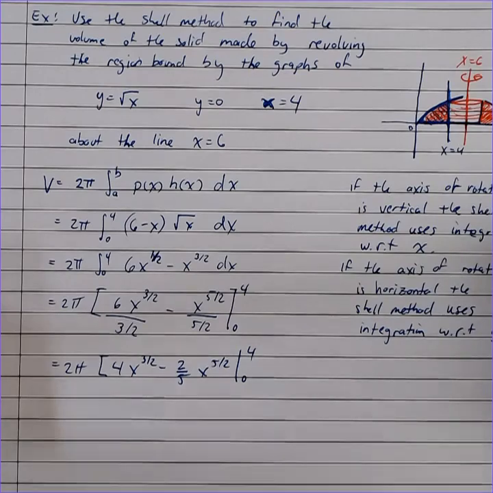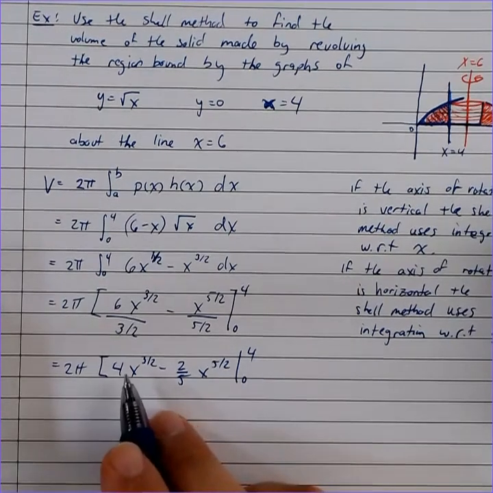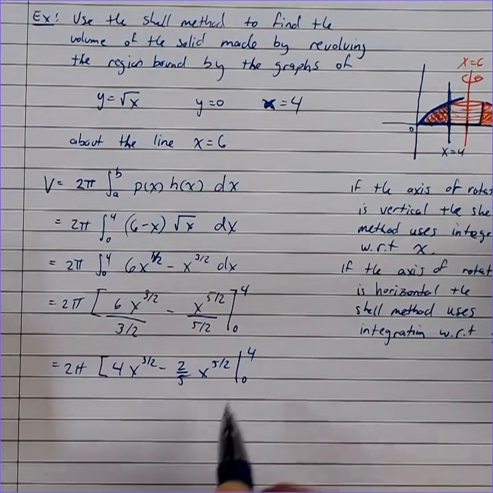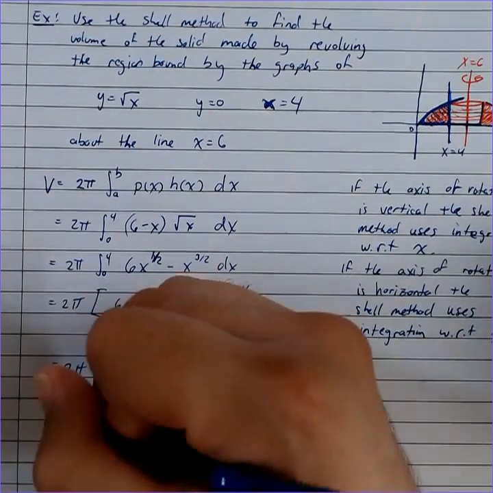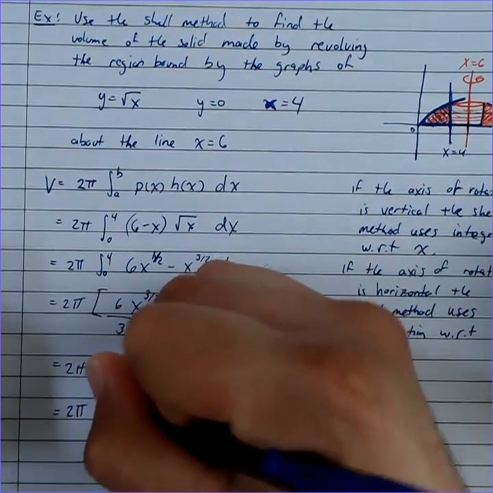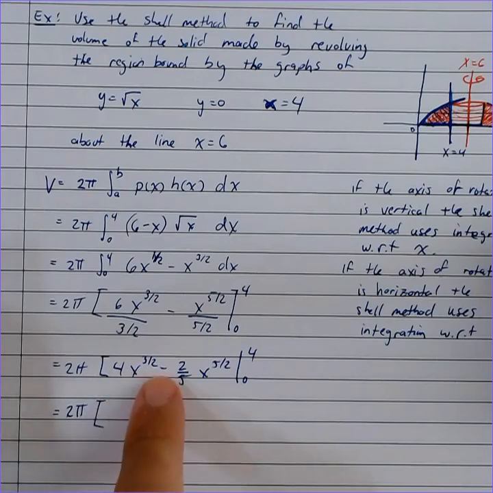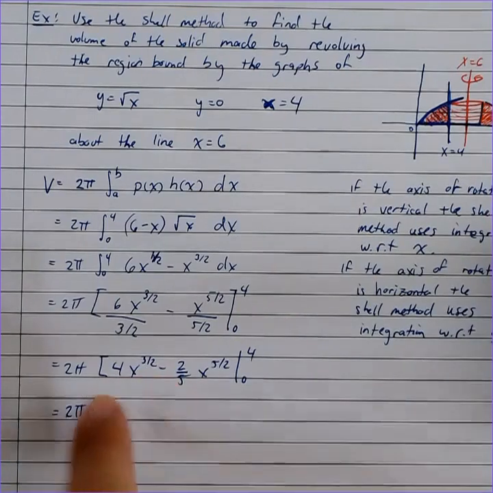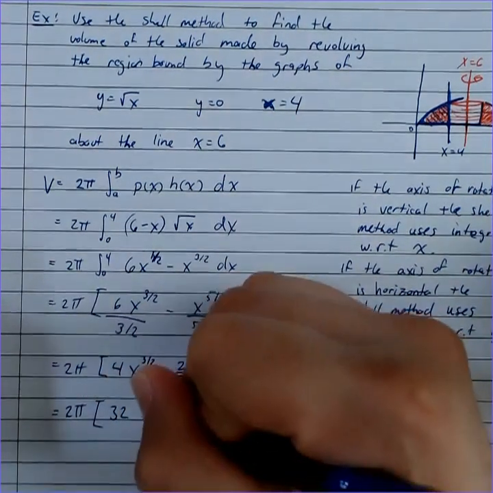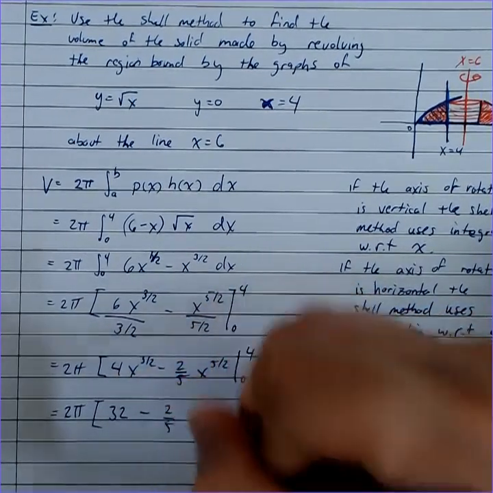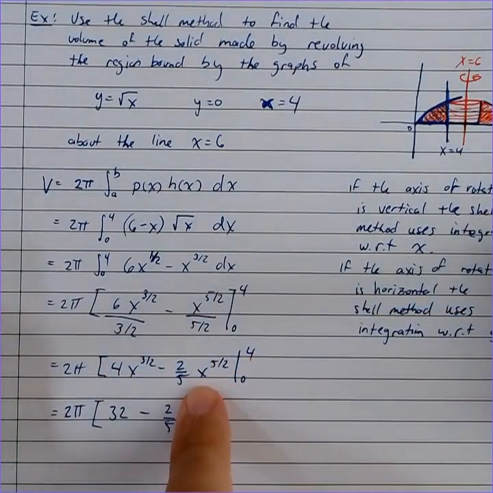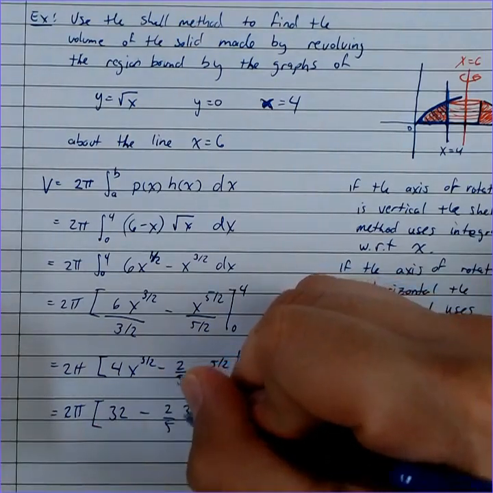Now, note that if you plug in 0, that's 0 minus 0, so that's not going to give us anything. So let's just worry about the 4. It's going to be 2 pi times 4 to the 3/2, that's 8, times 4 is 32, minus 2/5 times 4 to the 5/2, that's 32.